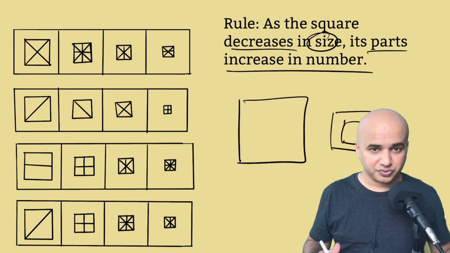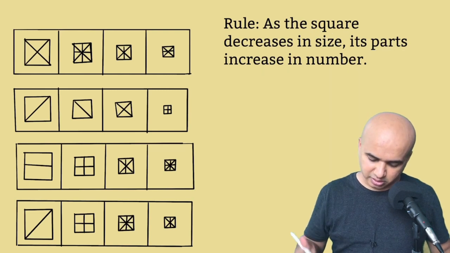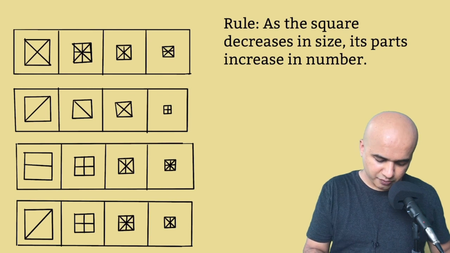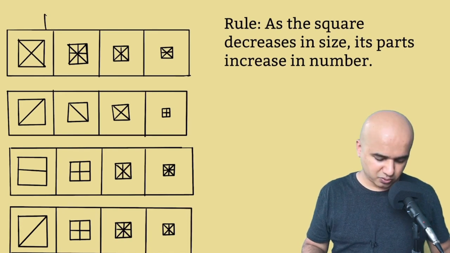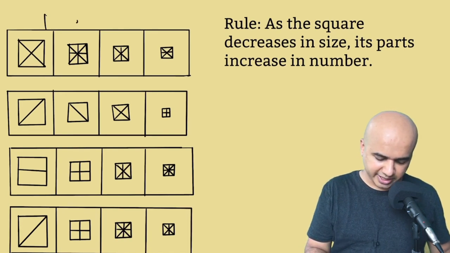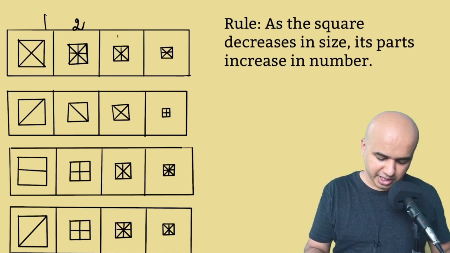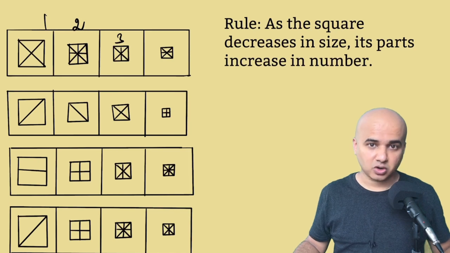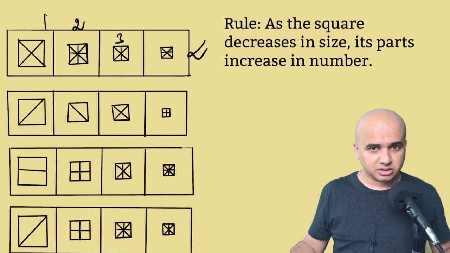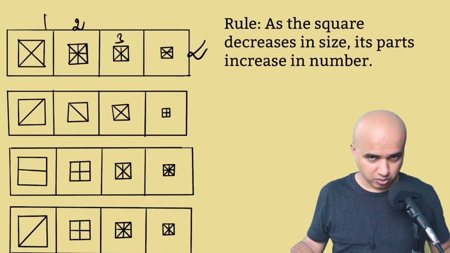So which of these diagrams actually fits that particular rule? So first option, if you look at this, first square is fine. Second square is also fine because the size is decreasing, the parts are increasing. But in the third diagram, the parts are decreasing but not increasing. So therefore, first option is ruled out.